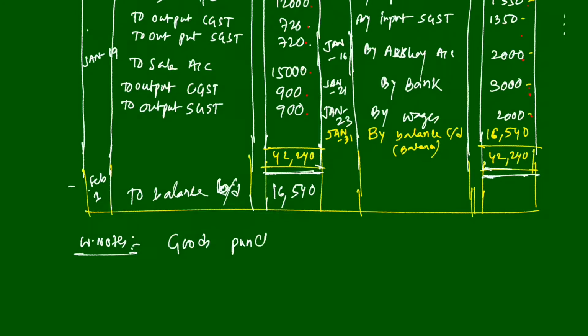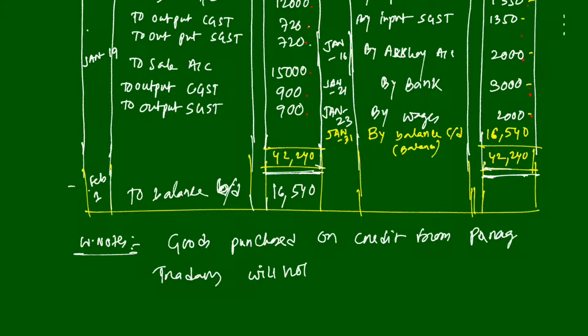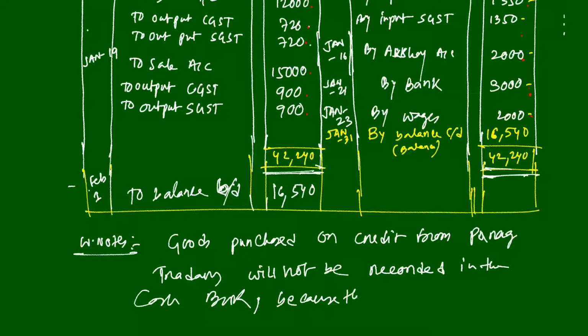Goods purchased on credit from Parag Traders will not be recorded in the cash book because there is no involvement of cash.